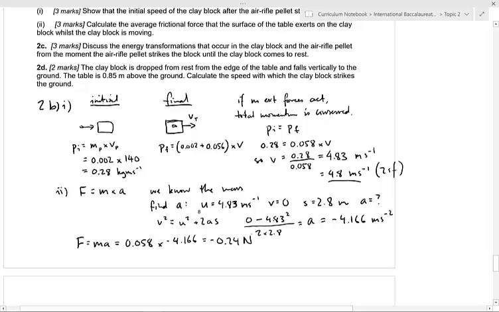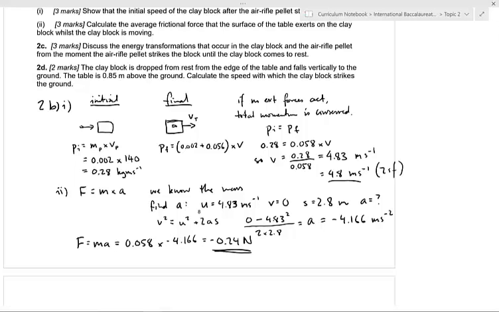But we were only asked for the, oh no, that's right. So basically this is our answer. It's negative because it's acting in the opposite direction to the speed that we were talking about.